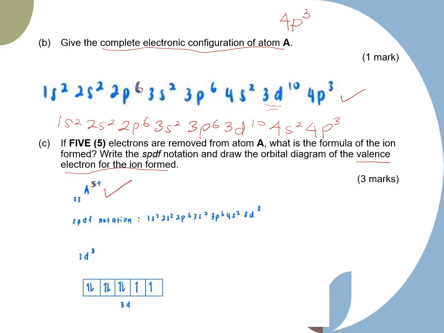We have 4p. I'm sure most of you have learned in chapter 4 how to determine the group, the period, and the block of the elements.